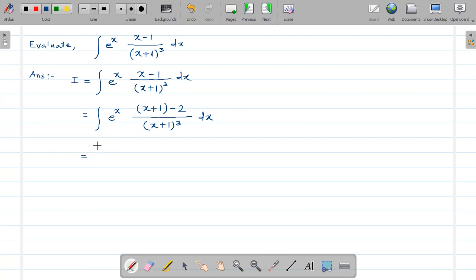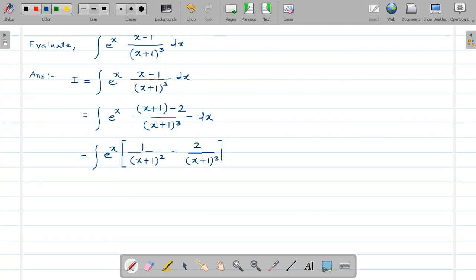Now further, if you take the separate denominator here, x plus 1 upon x plus 1 cube means we get 1 upon x plus 1 bracket square, minus further 2 upon x plus 1 cube.